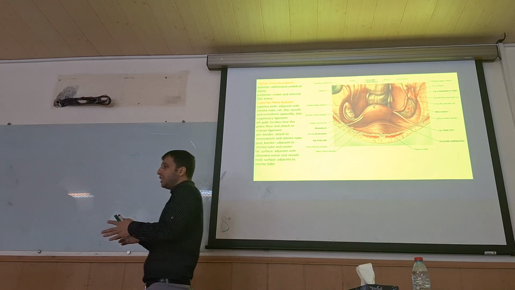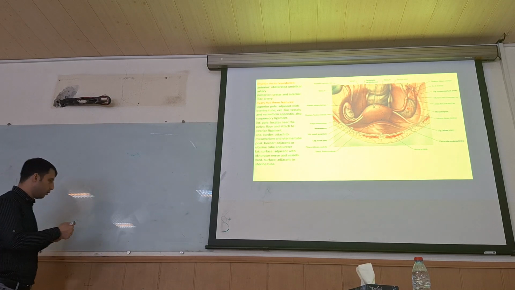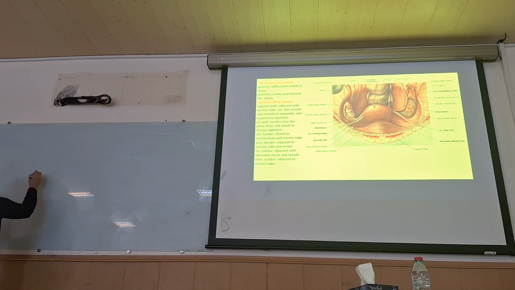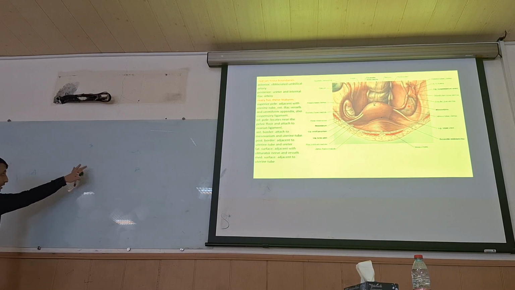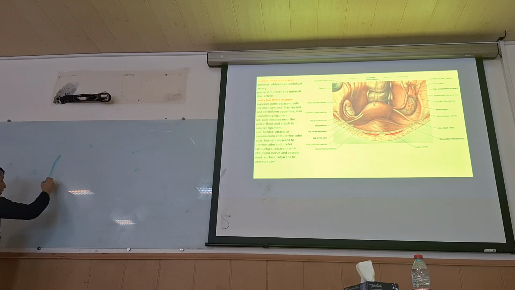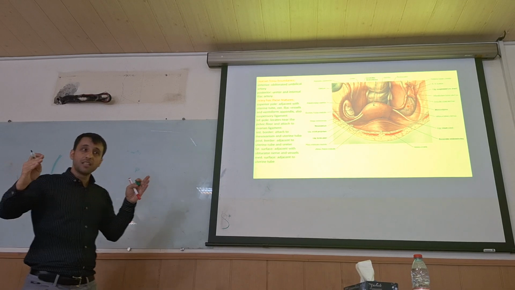But what is the limitation of the ovarian fossa? It is anterior, posterior, and superior. The anterior limitation of the ovarian fossa is made by the obliterated umbilical artery, which makes a ligament.